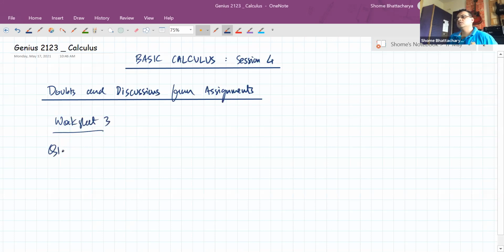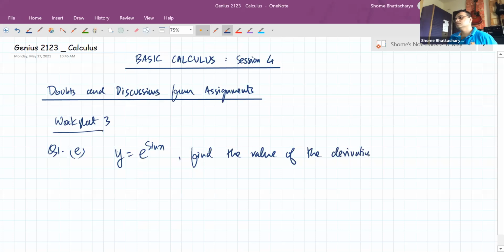Okay, question 1E. So the question is y is equal to e raised power sine x, and we have to find the derivative at the point x equal to 0. So for the function y is equal to e raised power sine x, we have to find the value of the derivative at the point x equal to 0.